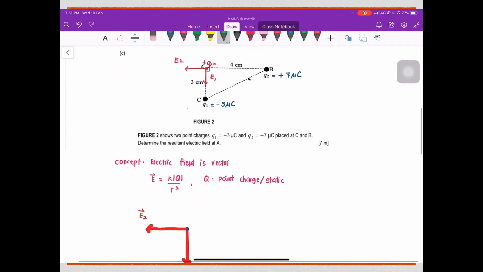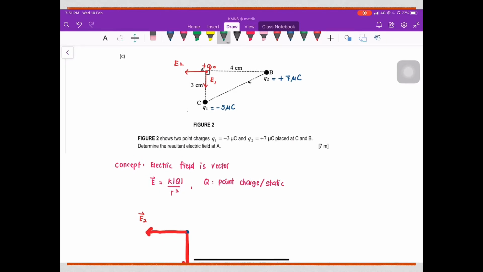Next, 1C. Figure 2 shows 2 point charges. Point charge means this will be capital Q here.